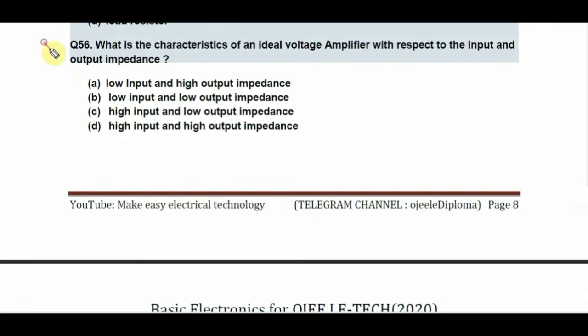In the next question, what is the characteristic of an ideal voltage amplifier with respect to the input and output impedance? So option C, that is high input and low output impedance. Option C is the correct answer to this question.